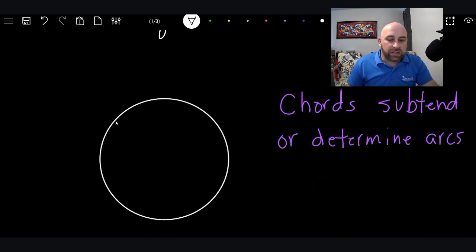The next thing in your book, on page 134, talks about chords and how chords subtend or determine arcs as well.